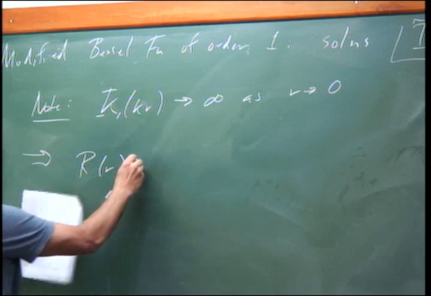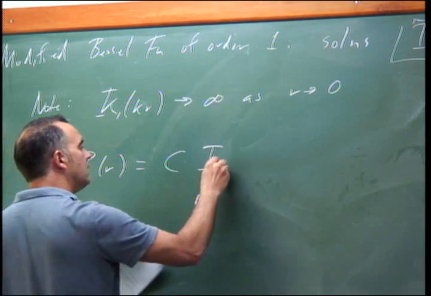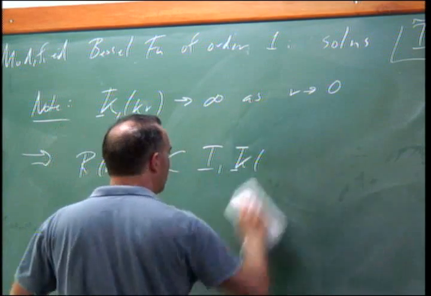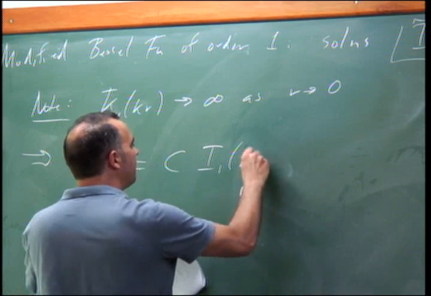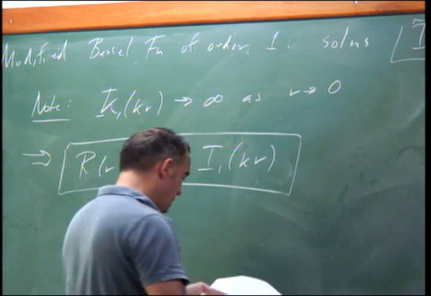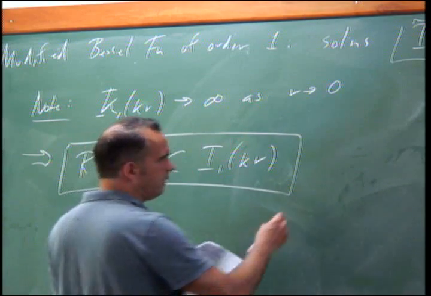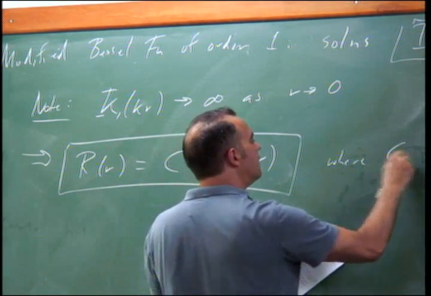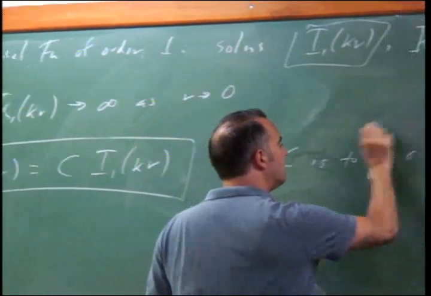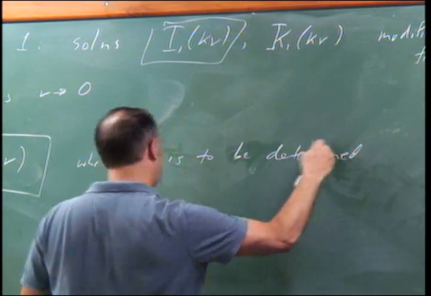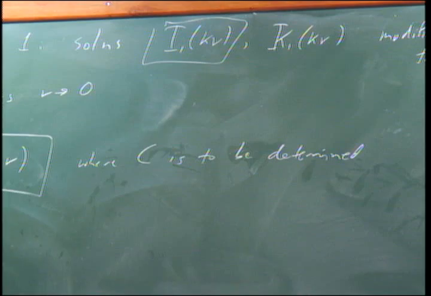So our desired solution is C I1 of kR, where C is an unknown constant. Okay, so that's the form of the solution.